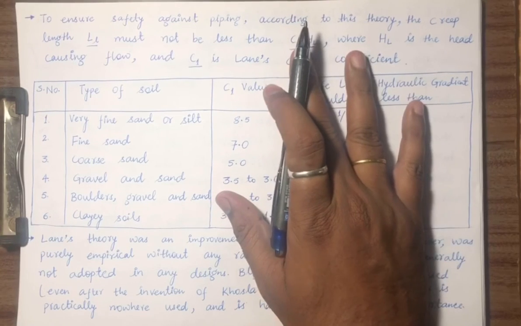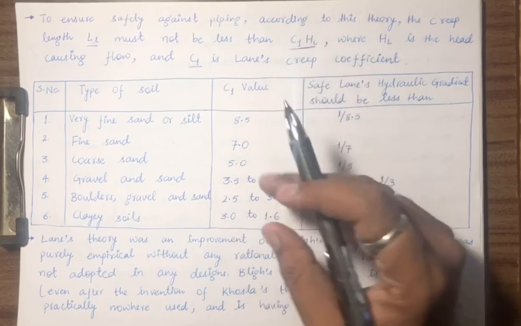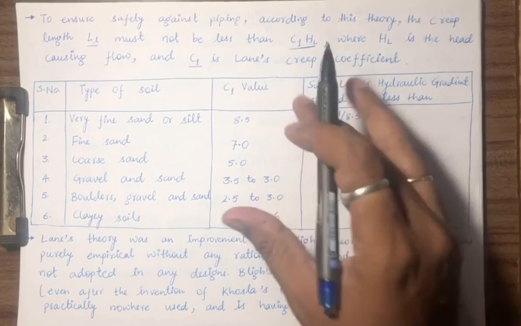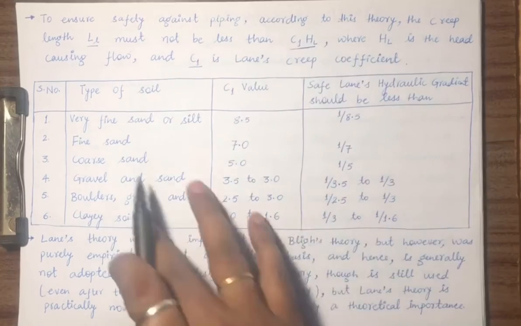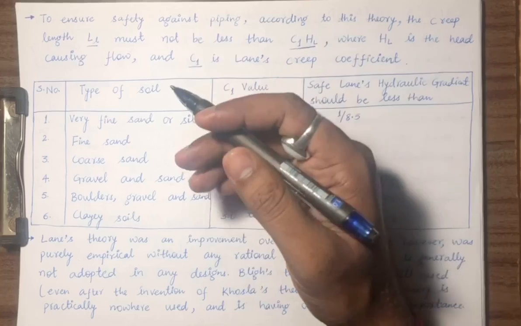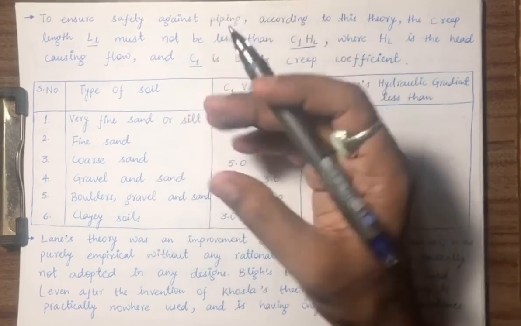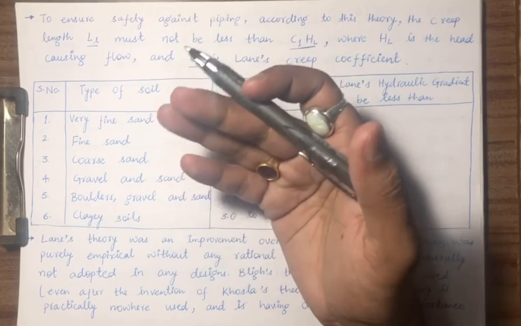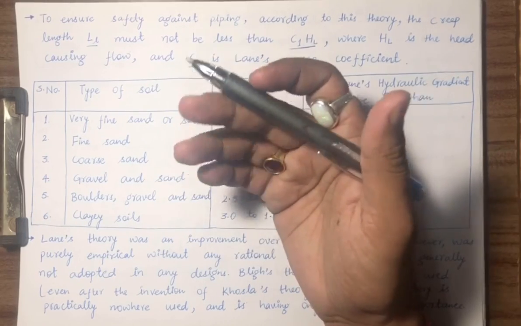Why? Because there was no scientific reason or rational thinking behind the formula which he has given. A 1/3 factor he has given just like that, based on his observation of 200 dams. What if the 201st dam does not follow it? Then the structure will fail.